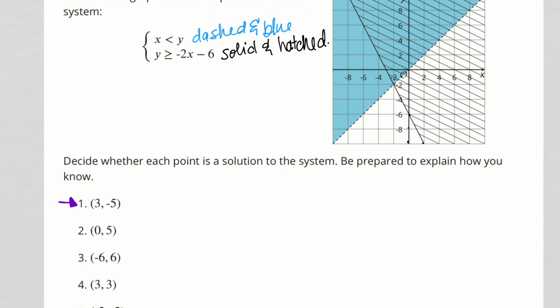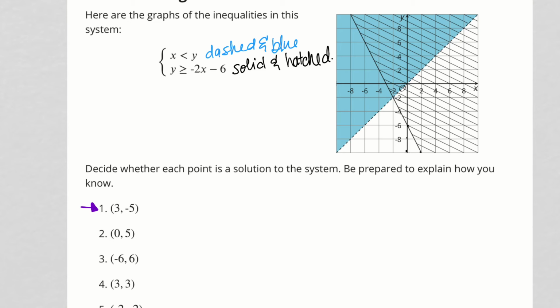We can plug them in. What else can we do? We could look at the graph and see if 3 and negative 5 are in the shaded region. Okay, let's do both for this one. All the other ones, we're just going to look at the graph, but I want you to see what you do whenever you plug it in, just as a refresher.